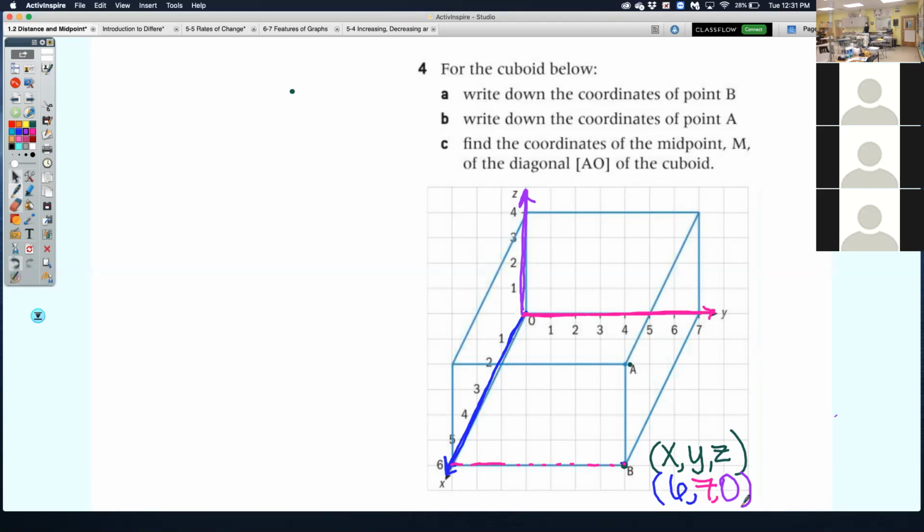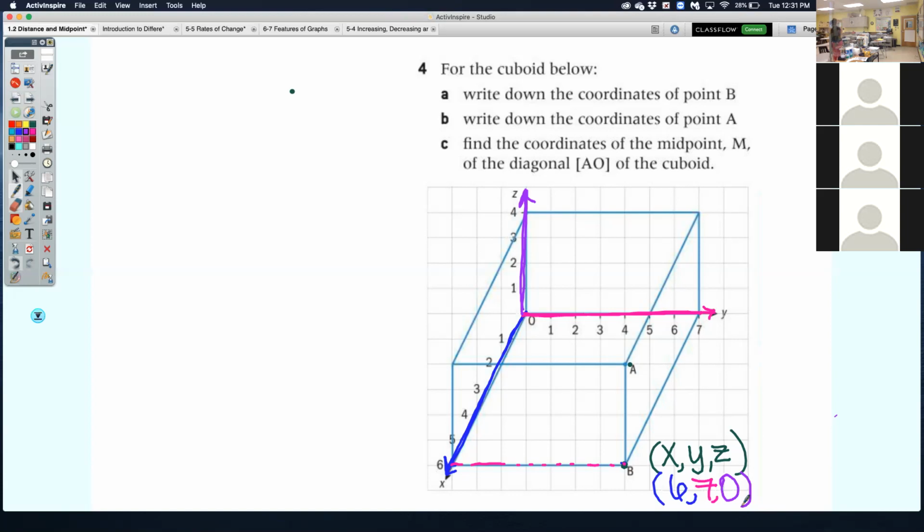Now my y runs along the front wall and the floor. That's y. I'm going out 7 spaces. That's 1, 2, 3, 4, 5, 6, 7. Yes, you guys can still see me. That is where B is located. Z is the distance going up from this point, 4 units.